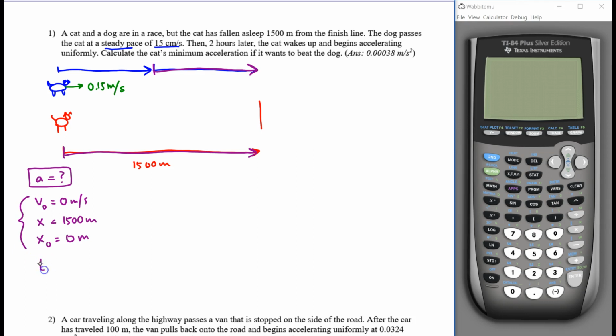So you might be able to guess we can find the time of the cat. The way we find it is by determining how much time the dog will take to travel this last leg. So how do we find that time? Well, whenever an object has constant speed, like the dog, we can use the equation speed equals distance over time.